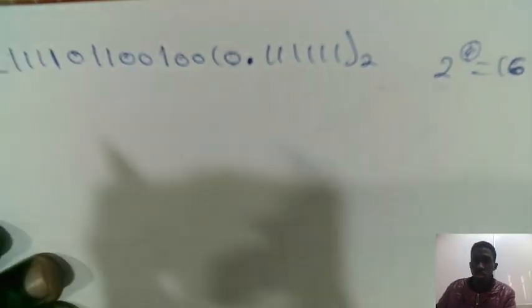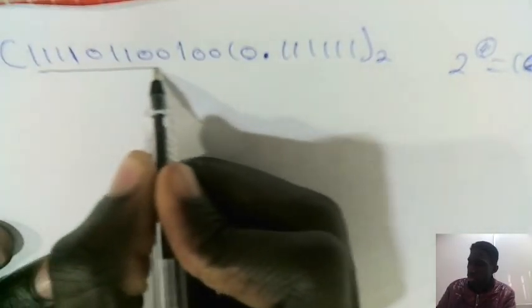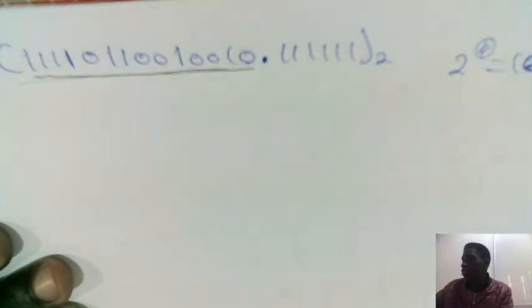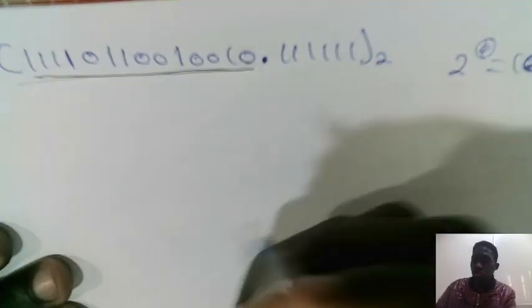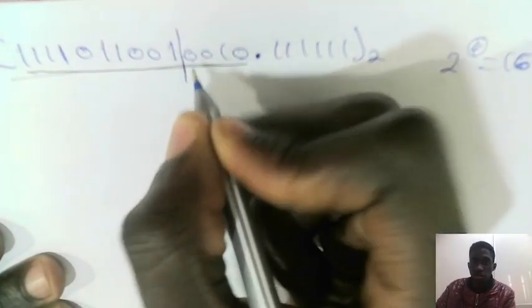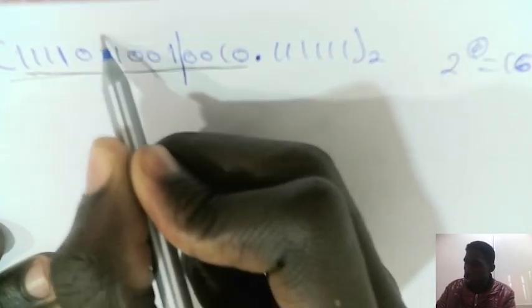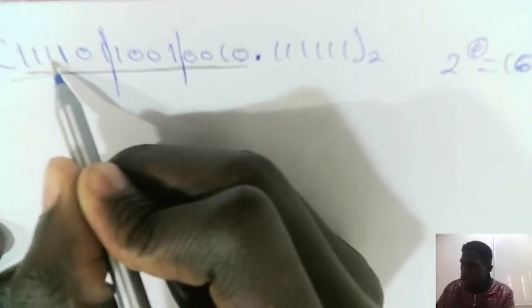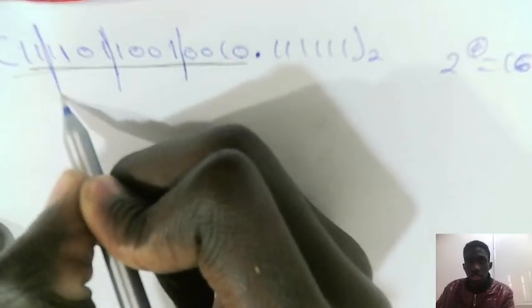This is the whole number part, so you just ignore the decimal part for a while. Group this using the grouping method we've been using. So 1, 2, 3, 4, I cut it here. 1, 2, 3, 4, I cut it here. 1, 2, 3, 4, I cut it here.